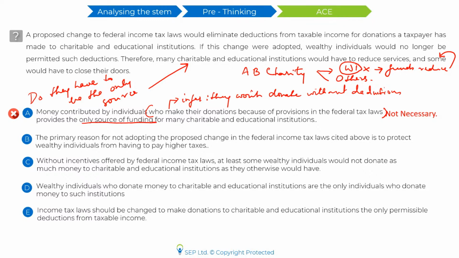So, if all charities are not going to close the doors, I don't need all the wealthy individuals to reduce their donations. So, minimum requirement, necessary requirement is reduction in donation, not complete stoppage. Complete stoppage is as good. It definitely supports the conclusion, but it is not a necessary one. So, A is not the answer, guys.